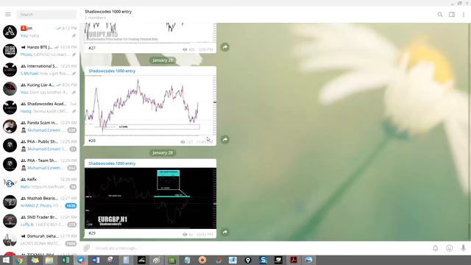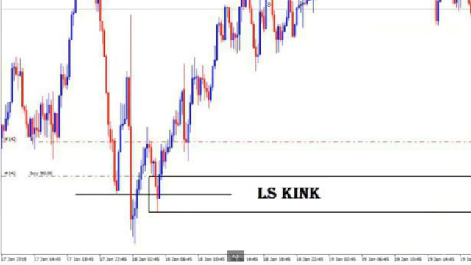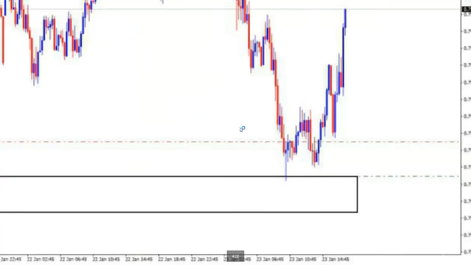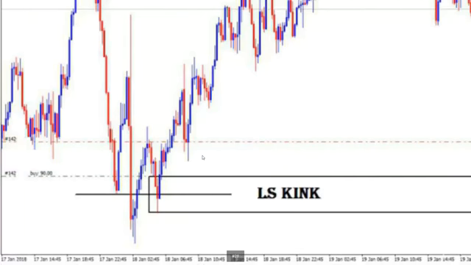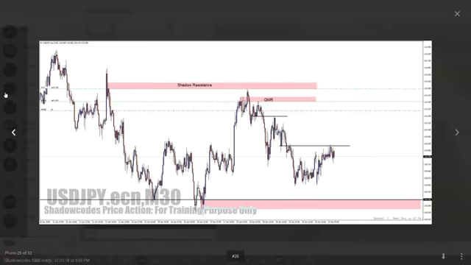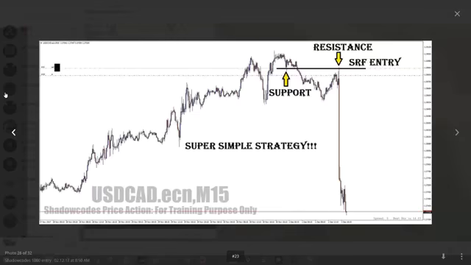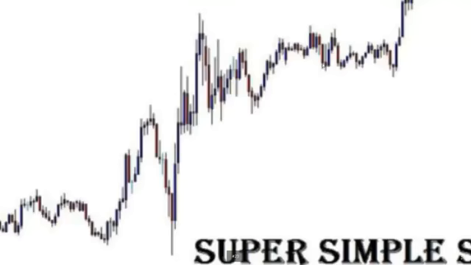I proved it on front test. For example, you have something like this. This is 90 lot and this is a sniper entry. I think I used a different setup for this, sorry. This one.